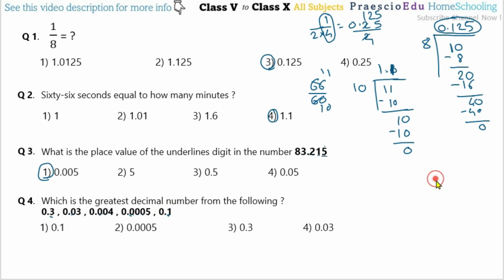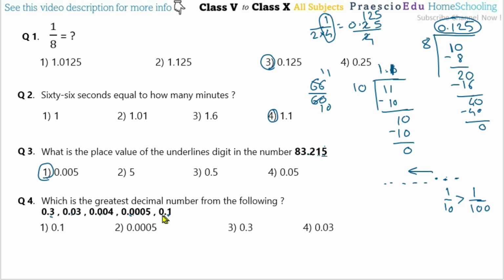As we move from the decimal point toward the right, the digits get smaller in value. The same thing holds after the decimal: suppose here is 1 digit and here also 1 digit, then 1 by 10 is always greater than 1 by 100. Always remember this one.